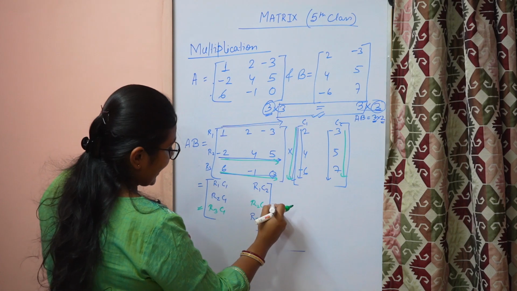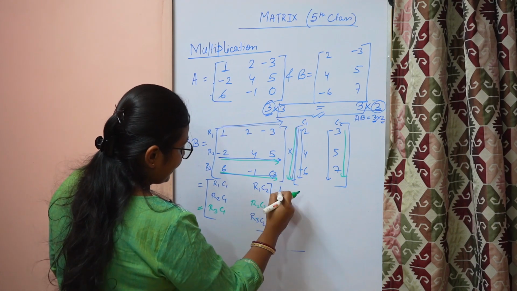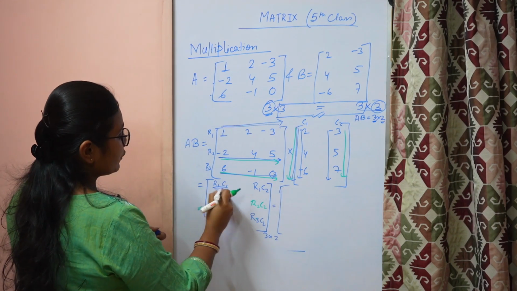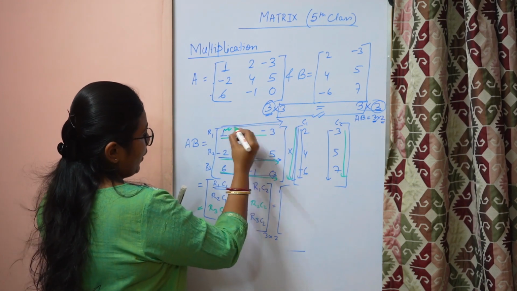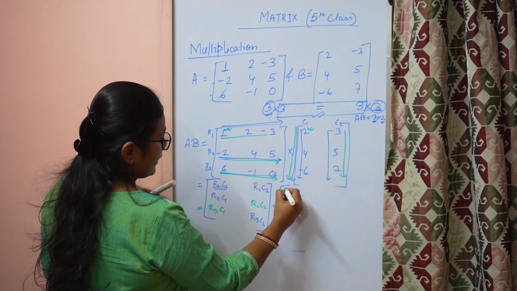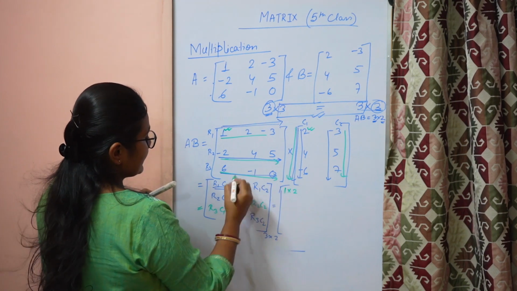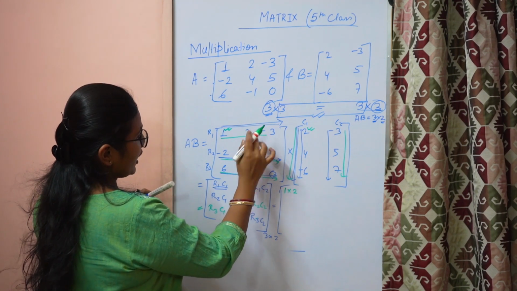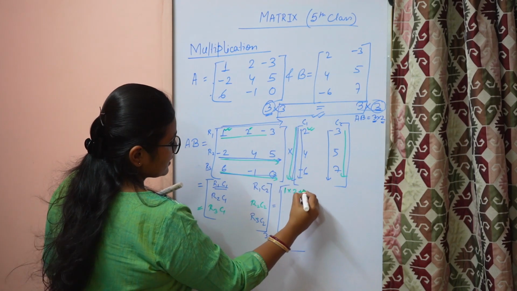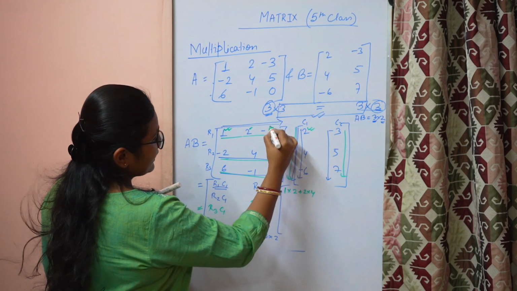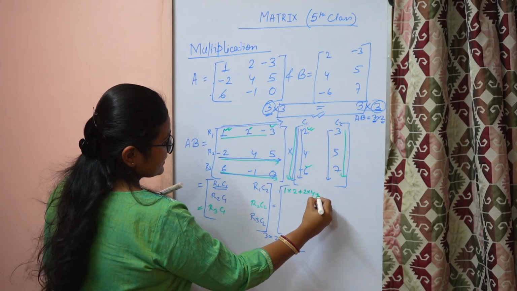So start doing the calculation. How will the calculation happen? R1, C1 means 1 into 2, then 2 with 4, then minus 3 with minus 6.